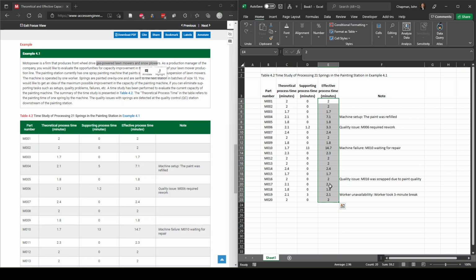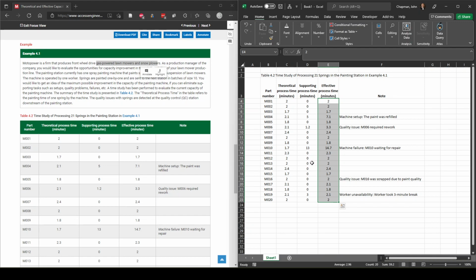So how do we go about finding what the capacity improvement potential is? The capacity improvement potential is the gap between the theoretical and effective capacities of a resource. So if we're looking at this paint station as a resource, what is its theoretical capacity and what is its effective capacity?